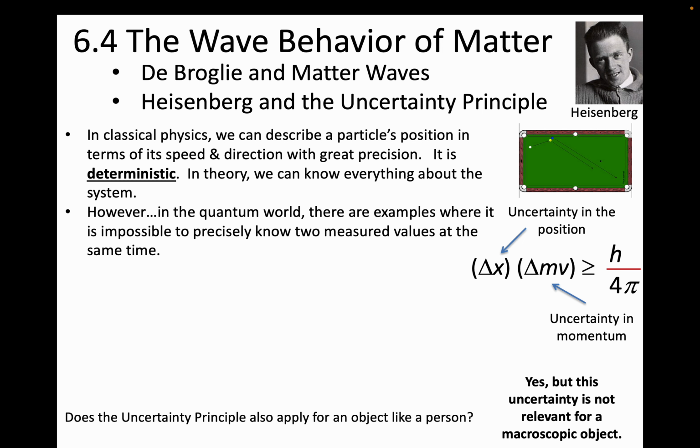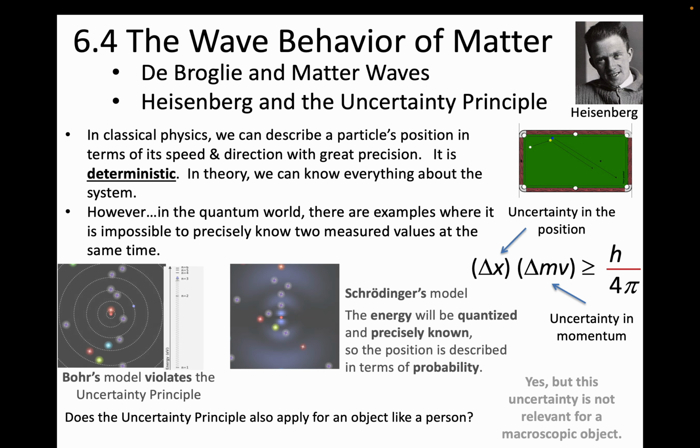An everyday object, the uncertainty we have in terms of measuring our position is nowhere close to being relevant because the threshold value that we're looking at here involves Planck's constant. So any uncertainty in measuring our position would be ridiculously small.